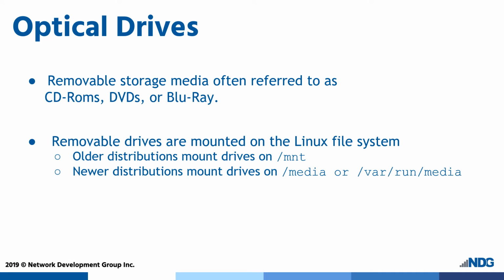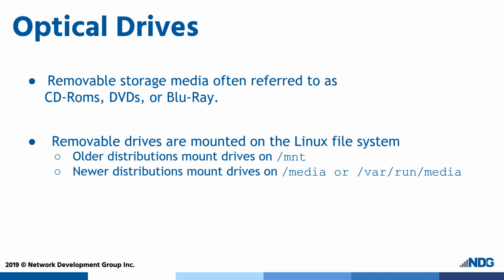Optical drives, often referred to as CD-ROM, DVD, or Blu-rays, are removable storage media. While some devices used with optical discs are read-only, others are capable of burning discs when using a writable type of disc. There are various standards for writable and rewritable discs, such as CD-R, CD+R, DVD+RW, and DVD-RW.